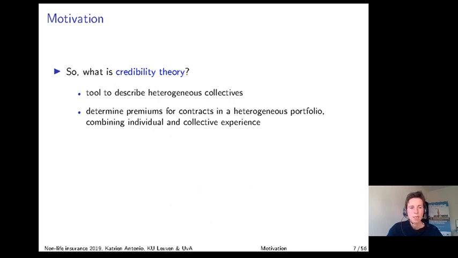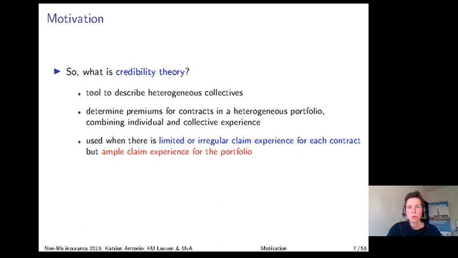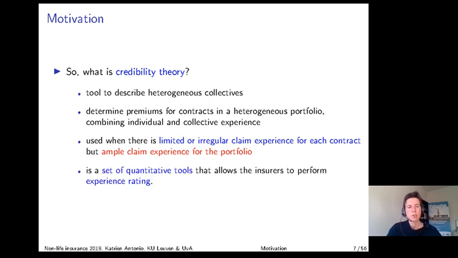Third, it is used when there is limited or irregular claim experience for each contract, but there is ample claim experience for the portfolio or the group of contracts. And last, it is a set of quantitative tools that allows insurers to perform experience rating or a posteriori rating.